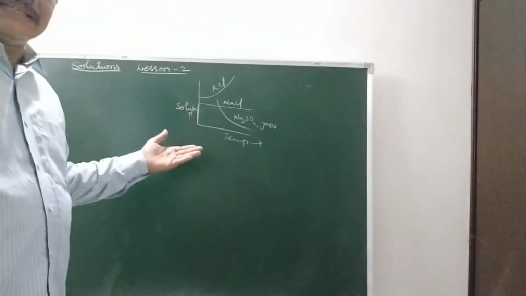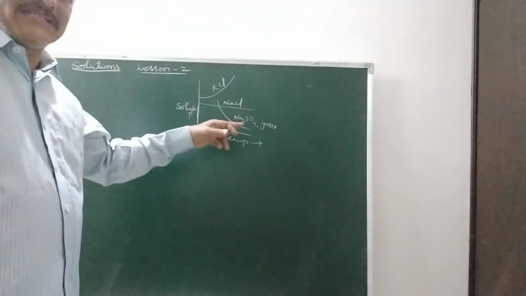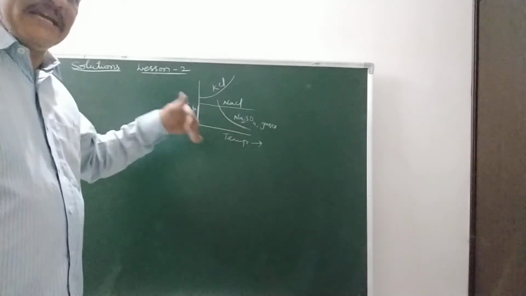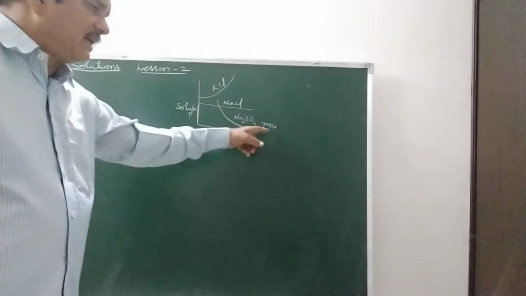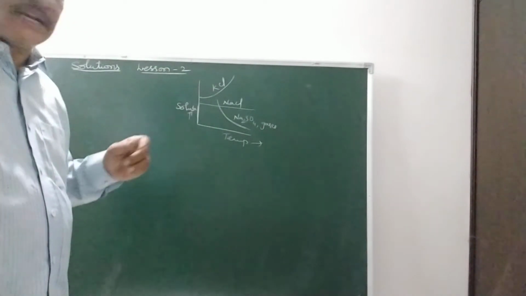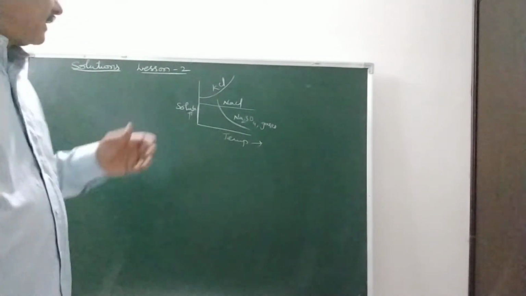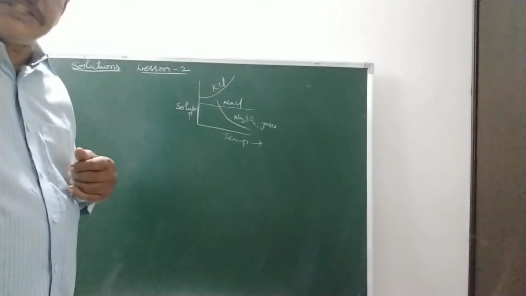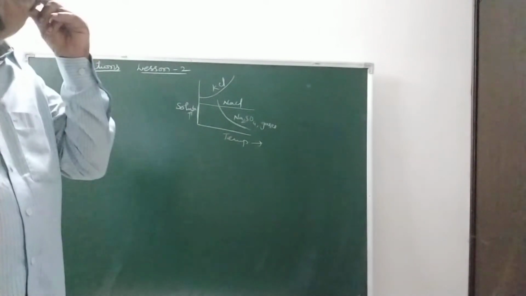When temperature increases, the dissolved gases will escape from the solution. That means the solubility decreases in case of gases in liquids type of solutions. Okay, this is about the temperature effect on solubility.